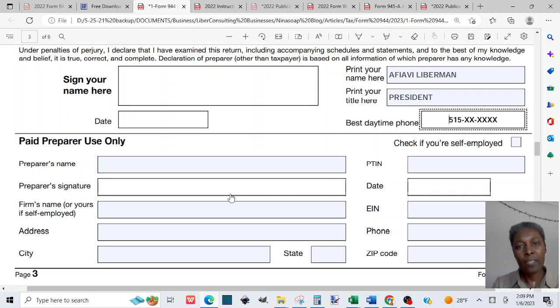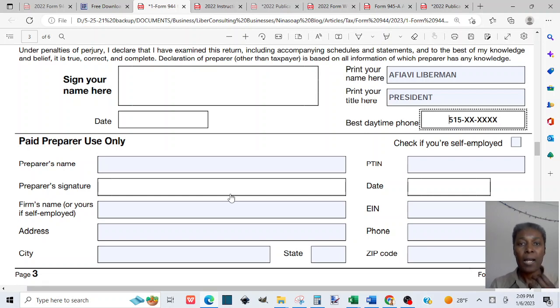But let's take another example where I have Liberman Consulting LLC and I have another business. Let's just say business B, and business B is required to file Form 944.